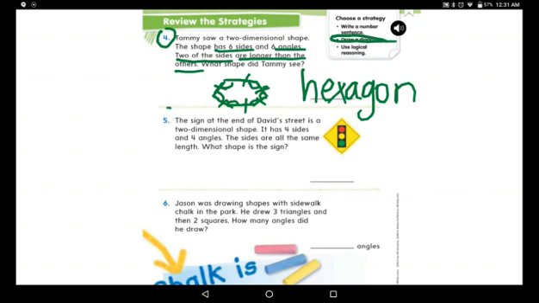Again, question 5. The sign at the end of David Street is a two-dimensional shape. It has four sides and four angles. The sides are all the same. What shape is the sign? I tell you something.